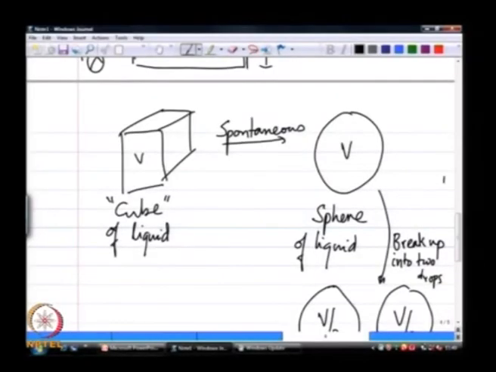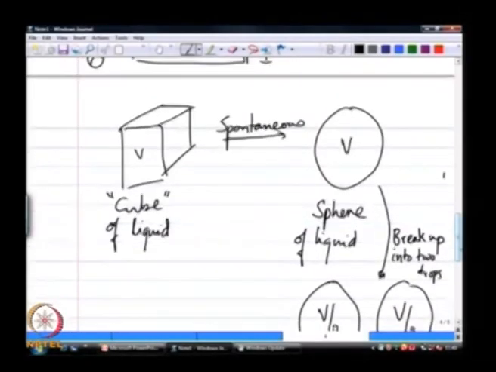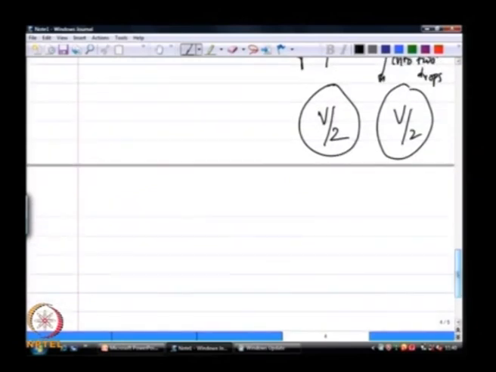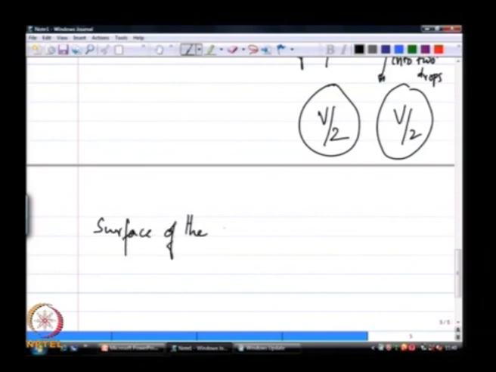Okay. I want to also show you that this is spontaneous. I do not want you to believe me, although I am sure you can imagine it from your own intuition. Let us say I take the surface area of the cube.